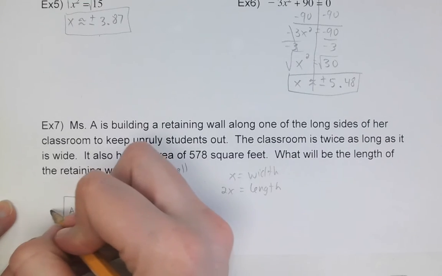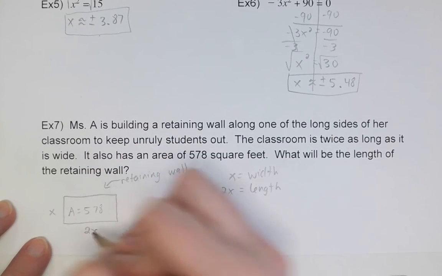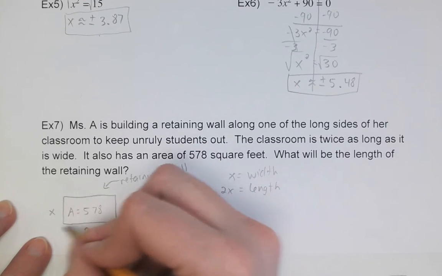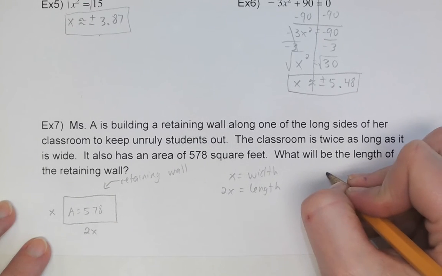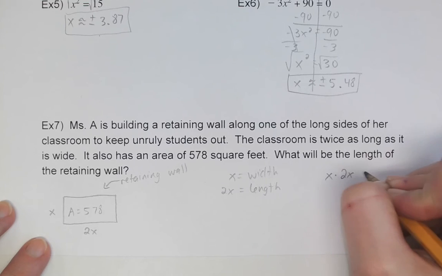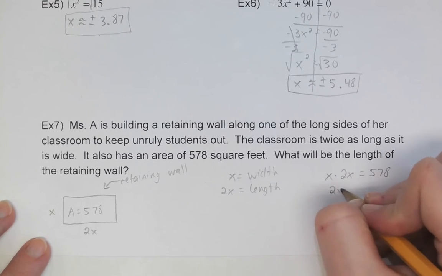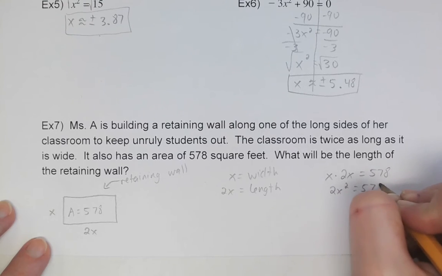So now I have x and 2x. If I'm finding the area, length times width, that would be x times 2x has to equal 578, because that's what they said the area was. So this is 2x squared equals 578.